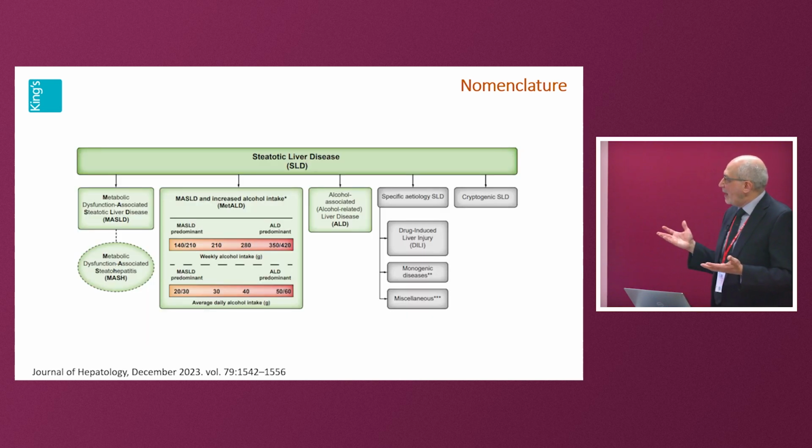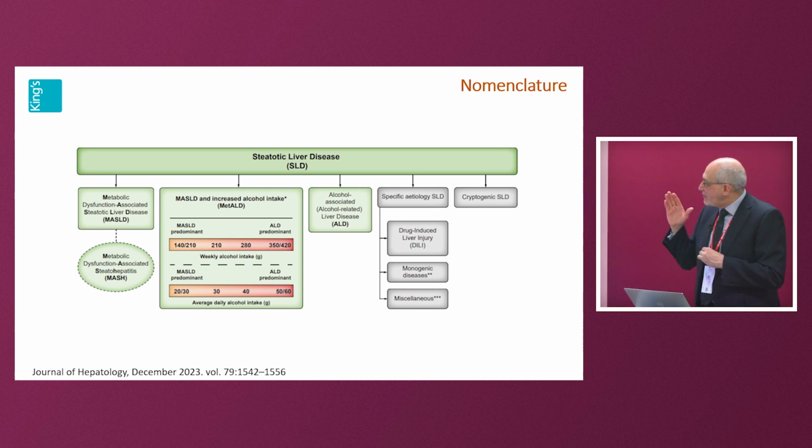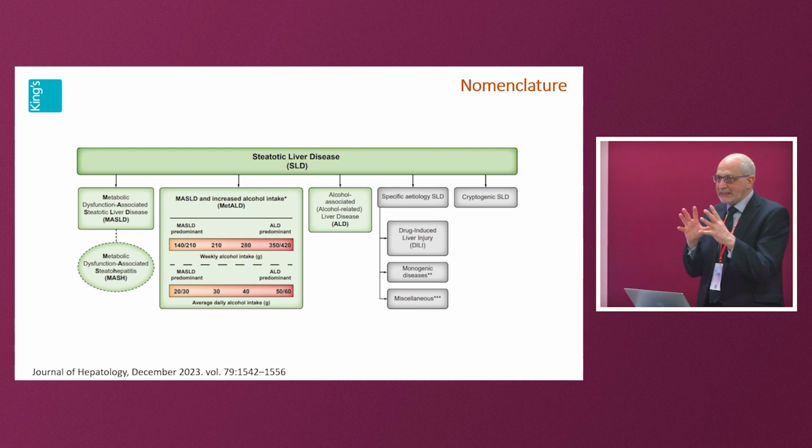And this is the flow chart for it. If you've got steatotic liver disease, don't call it fatty liver disease, it's hepatic steatosis in your report, not fatty liver disease. So if you've got steatotic liver disease, SLD, if it's the metabolic dysfunction associated one, MASLD, that is one compartment. There are no other risk factors for it other than being overweight, hypertension, diabetes, all of that.